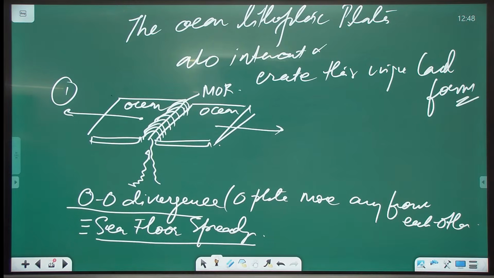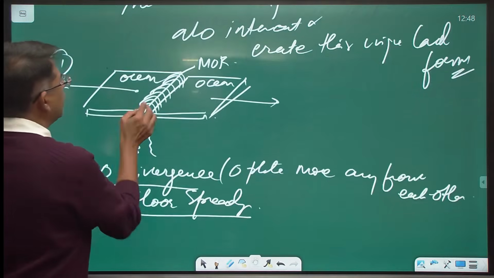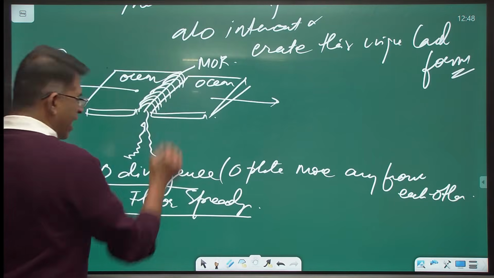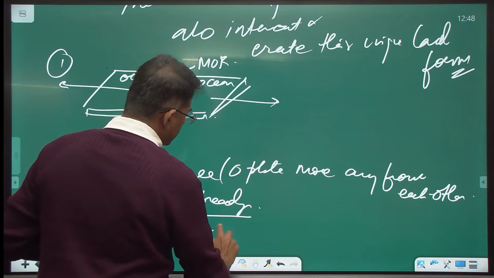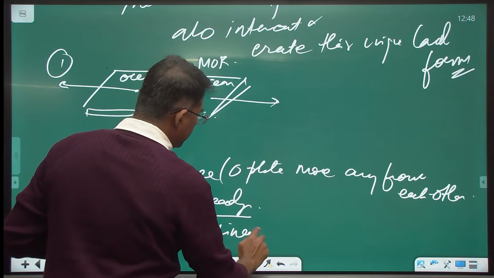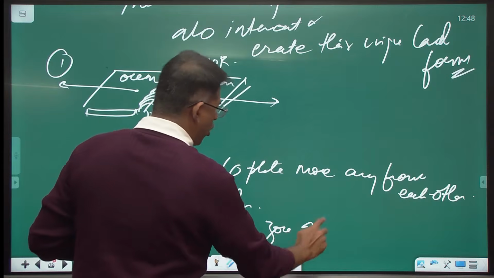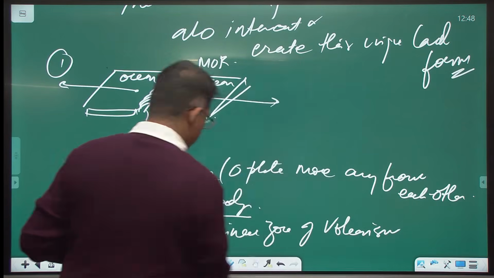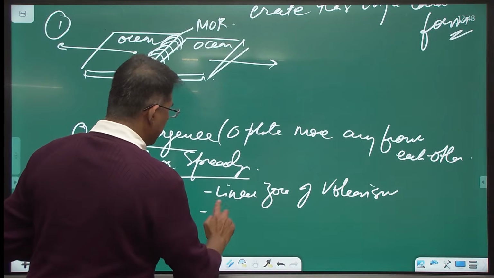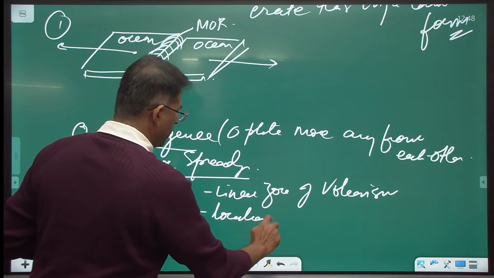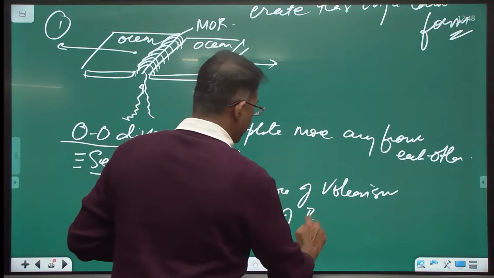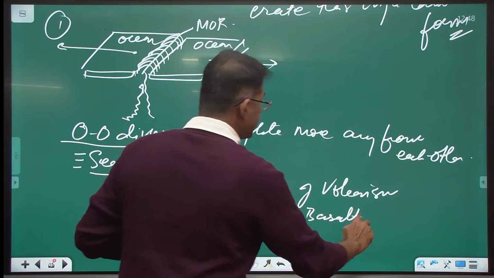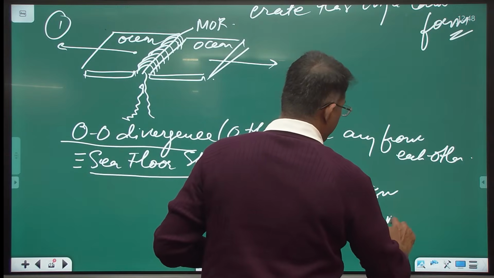Okay. Wherever sea floor spreading is happening, you'll have 3 things created. First, this becomes a zone of volcanism. So this is a linear zone of volcanism. This is the location of basaltic magma.